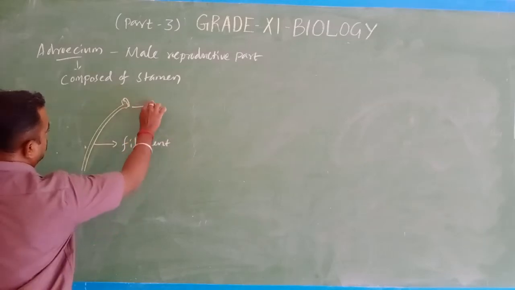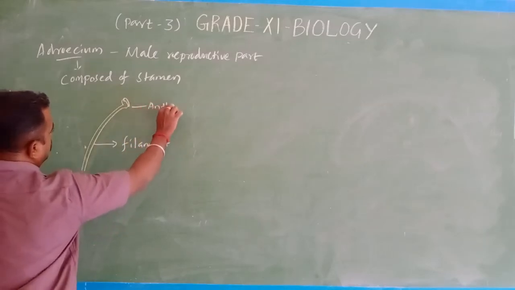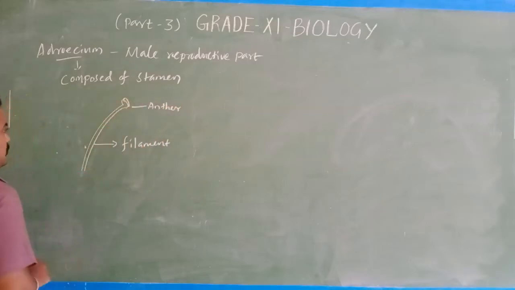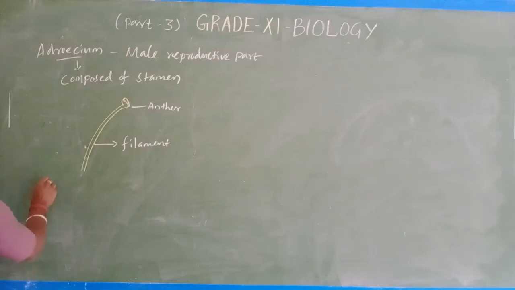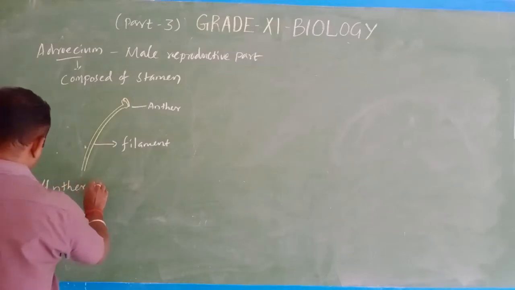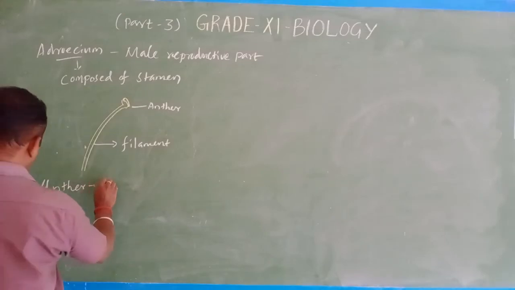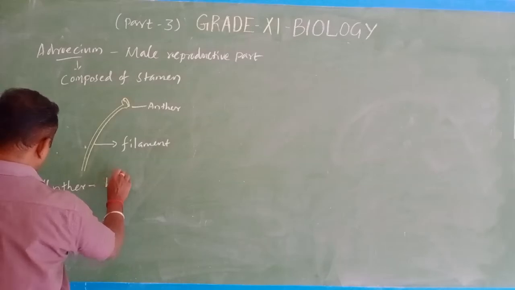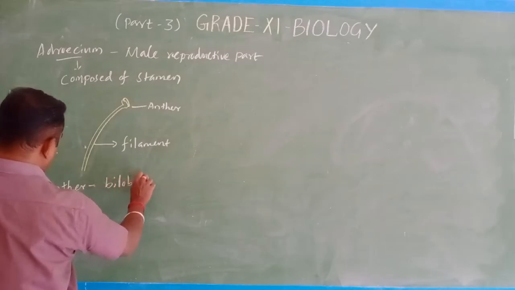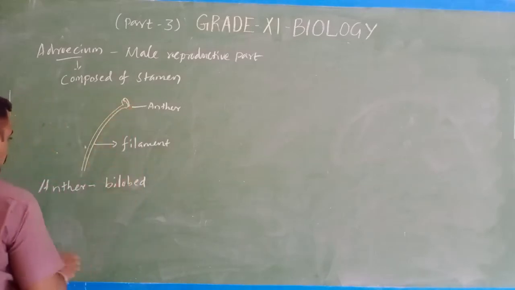This is called the anther. The anther is actually bilobed. Bilobed means two bag-like structures are present.